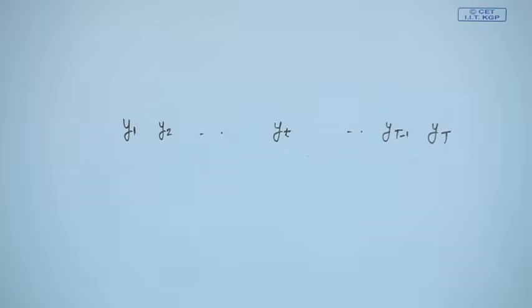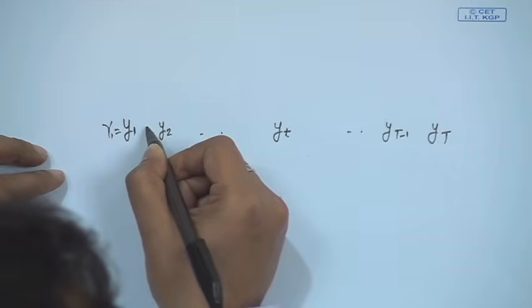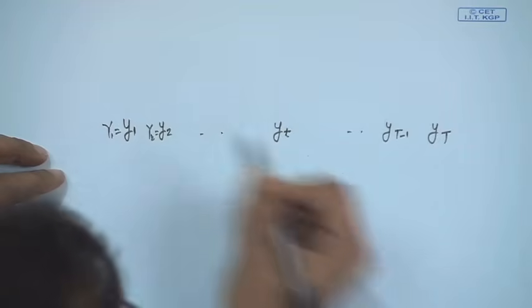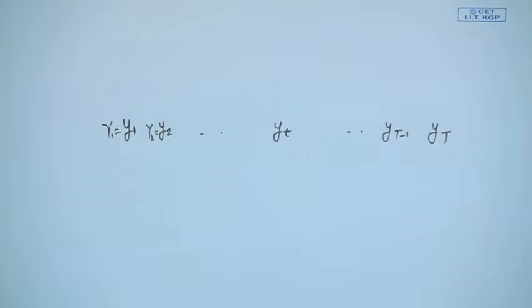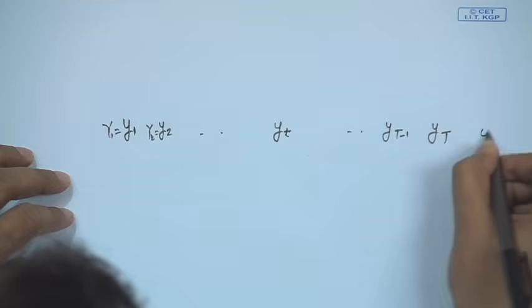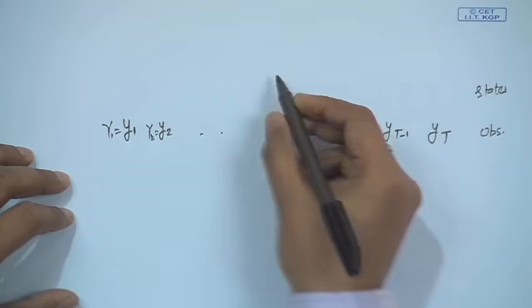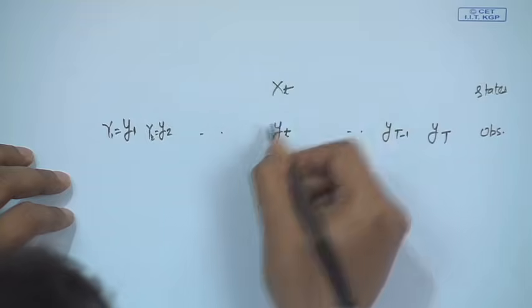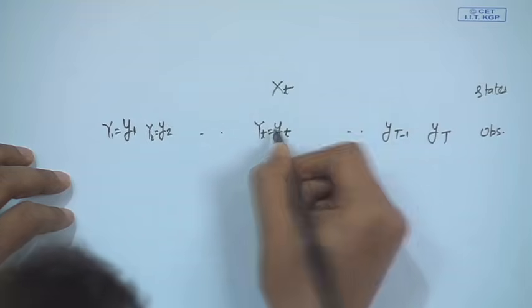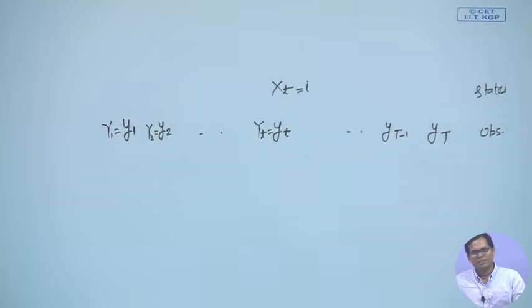And correspondingly, you can say this is y1 is equal to small y1, first observation, y2 is equal to small y2, and so on. Okay. And correspondingly, there are states. So, this is my observation, and then there are states. So, there will be some state x t, this is yt observation, this is my state x t is equal to i. It can be any of the possible states x t.